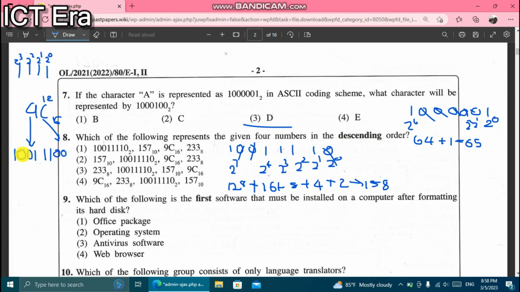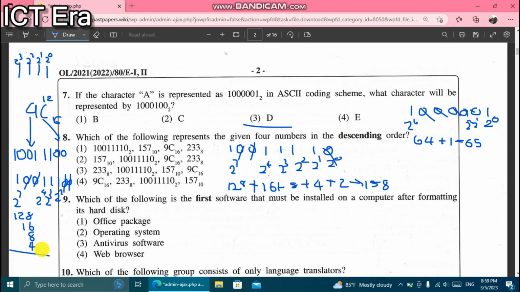Like this. And then after converting this into a binary number, I can easily convert it into a decimal number. So here 2 to the power 0, 2 to the power 1, then 2 to the power 2, 2 to the power 3, 2 to the power 4, 2 to the power 5, 2 to the power 6, 2 to the power 7, that is 128, 2 to the power 4 is 16, then 2 to the power 3 is 8, 2 to the power 2 is 4.